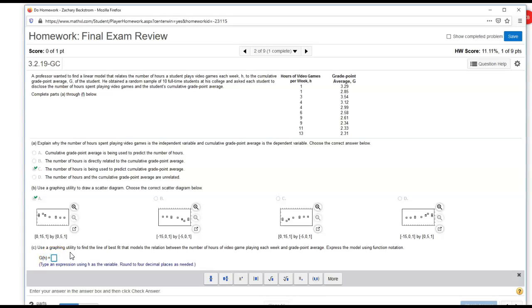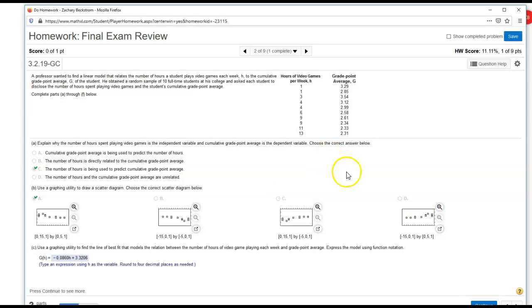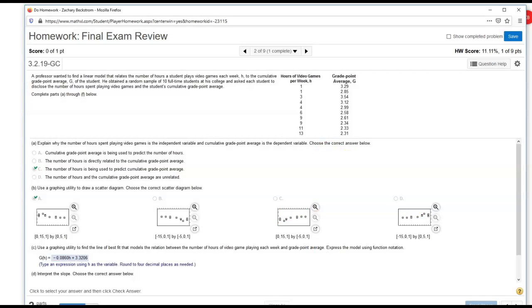So this is going to be A, which is negative 0.0860, and then we are going to add our B. Don't forget to put the H. And then we're going to add our B, which is 3.3206. All right, so that is that part here.